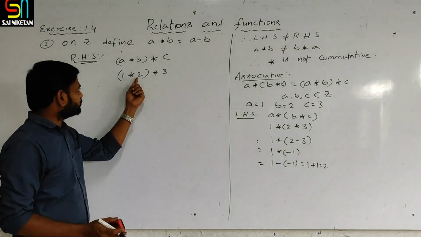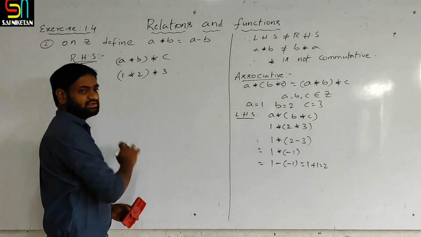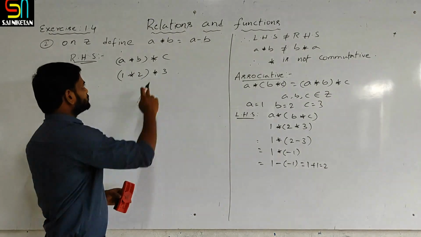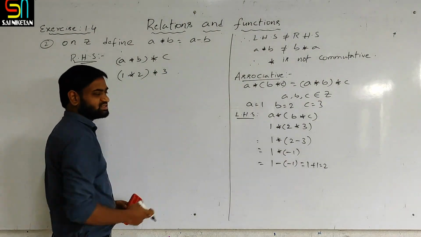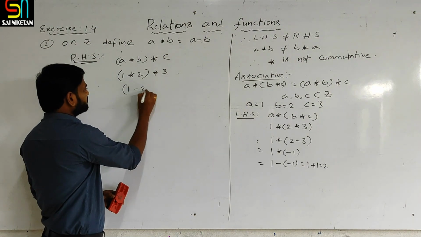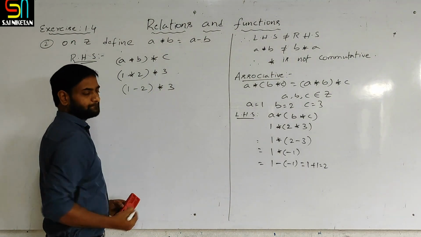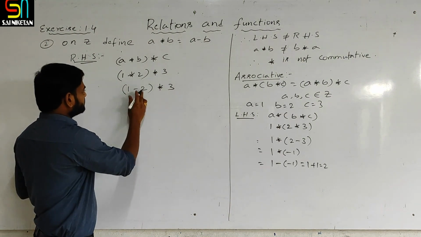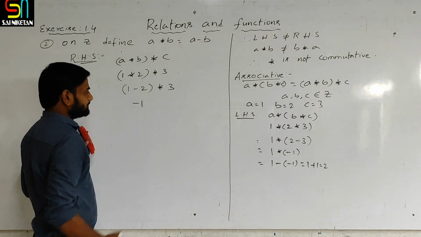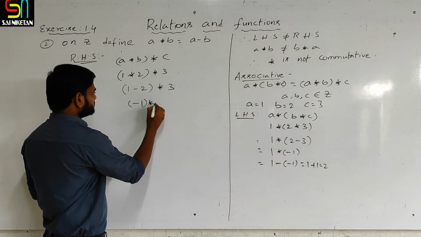That means 1 star 2 we have to solve. A star B means the operation A minus B, so 1 star 2 is 1 minus 2, which is minus 1, star 3.